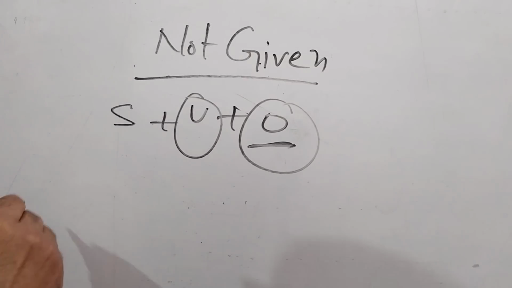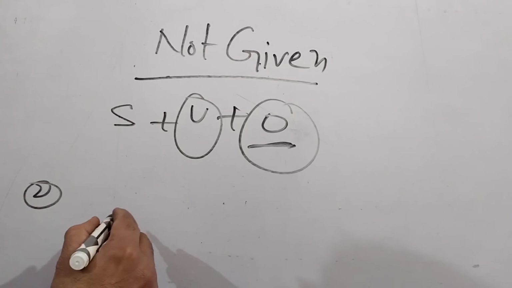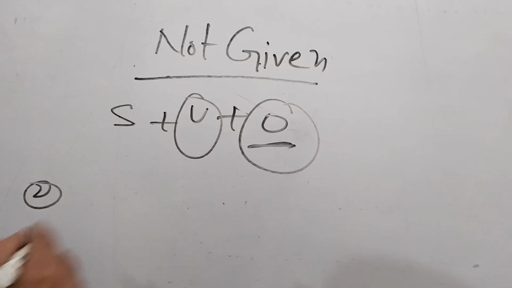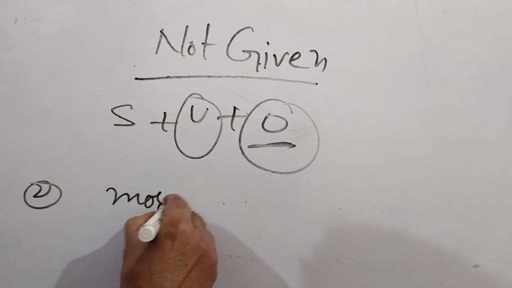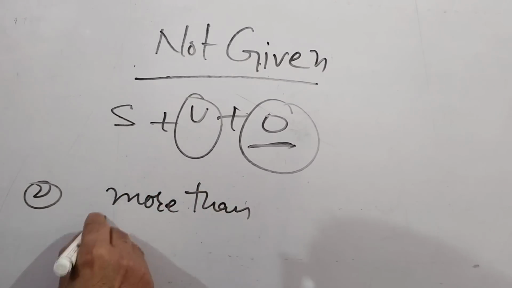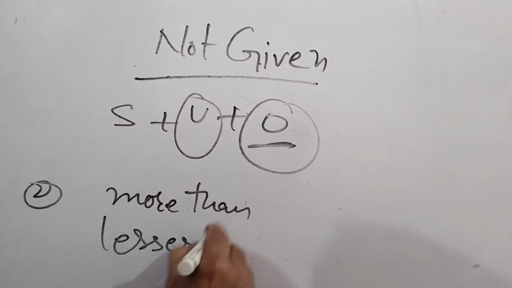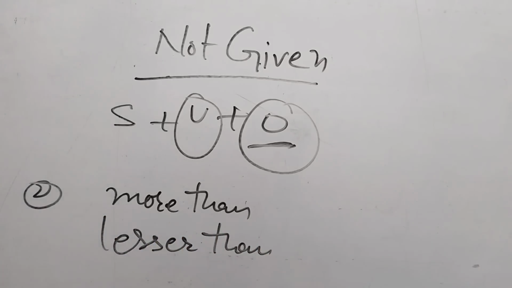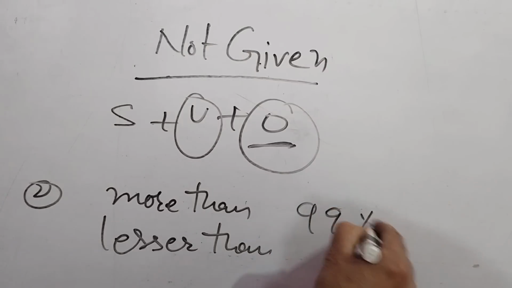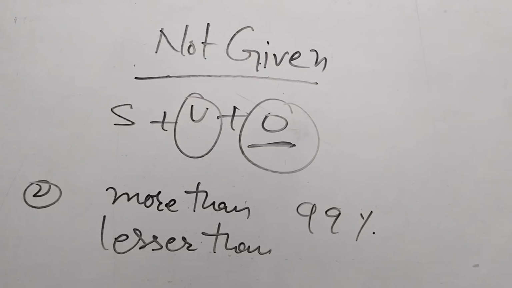And the second tip is that in most of the statements, if there is a comparative adjective like more than, lesser than, higher than, bigger than, where comparisons are done, then in 99% of cases that is not given.